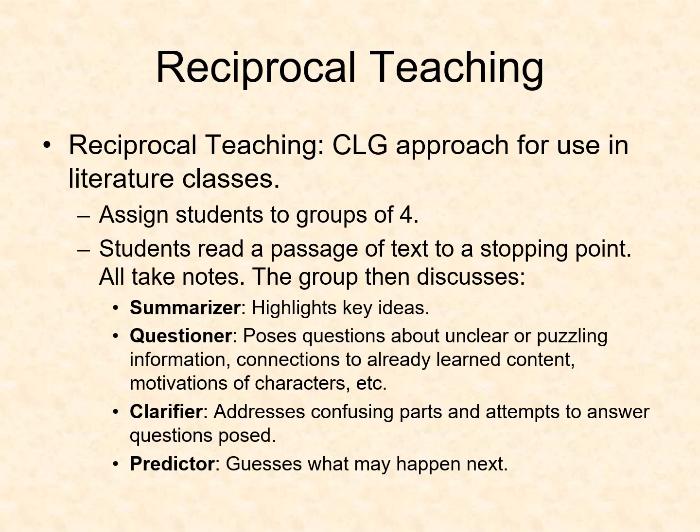And finally, the predictor is going to focus solely on, well, what's going to happen next? What do we think is the very next step here? How is this going to turn out? So for literature teachers, maybe you've already experienced reciprocal teaching. If not, consider using this in some of your classes.